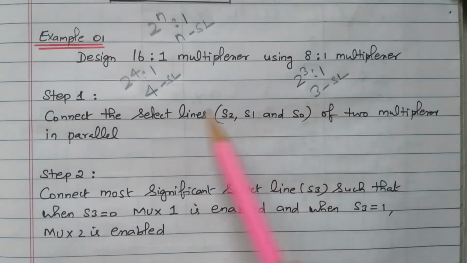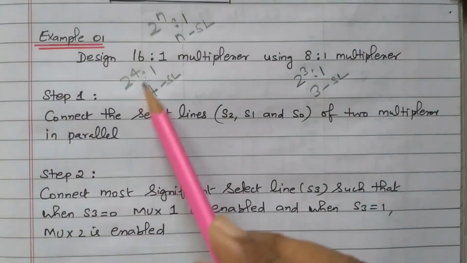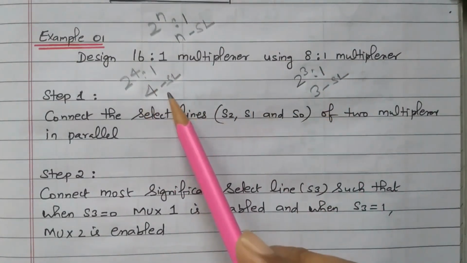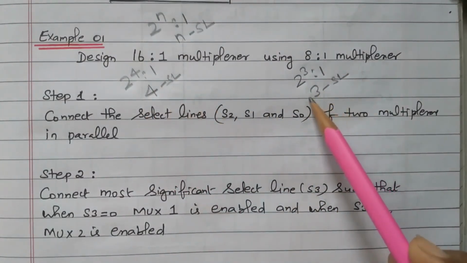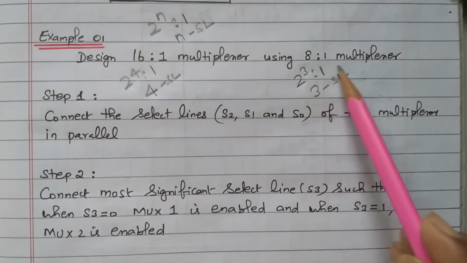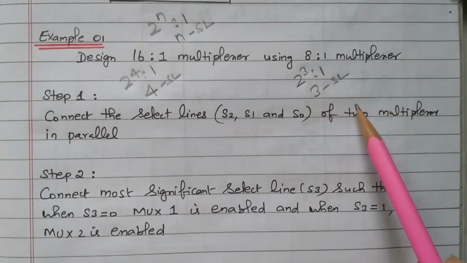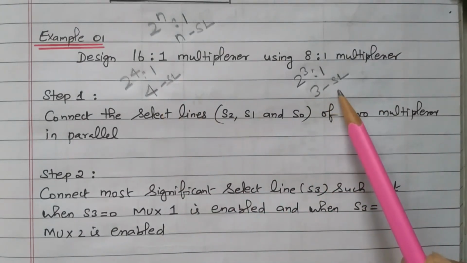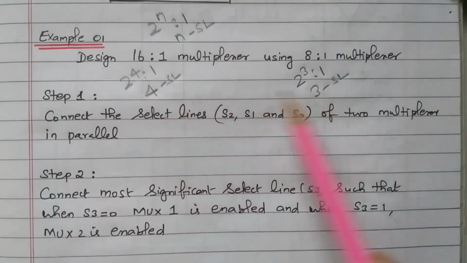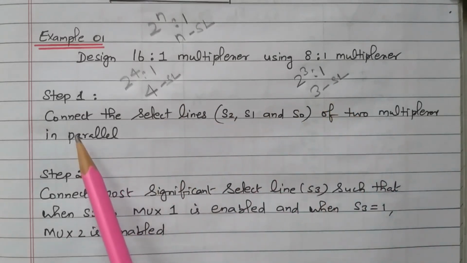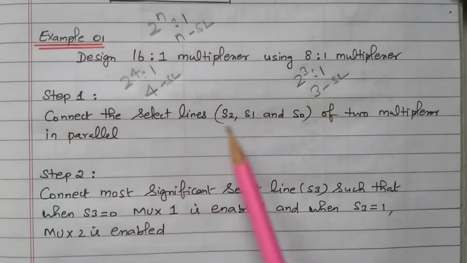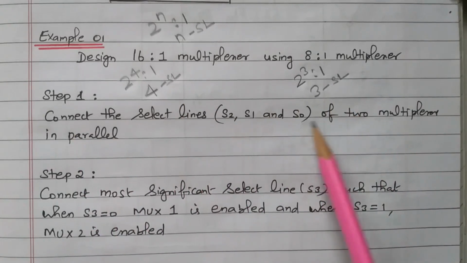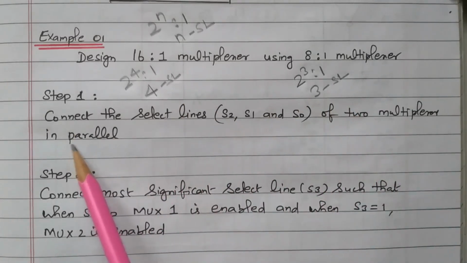Now we will see how to map these 4 selection lines in the 16:1 multiplexer and 3 selection lines in the 8:1 multiplexer. So here 4 selection lines are available, but here only 3 selection lines are available. We will see how to connect this. Step 1 is to connect the selection lines S2, S1 and S0 of the 2 multiplexers in parallel.